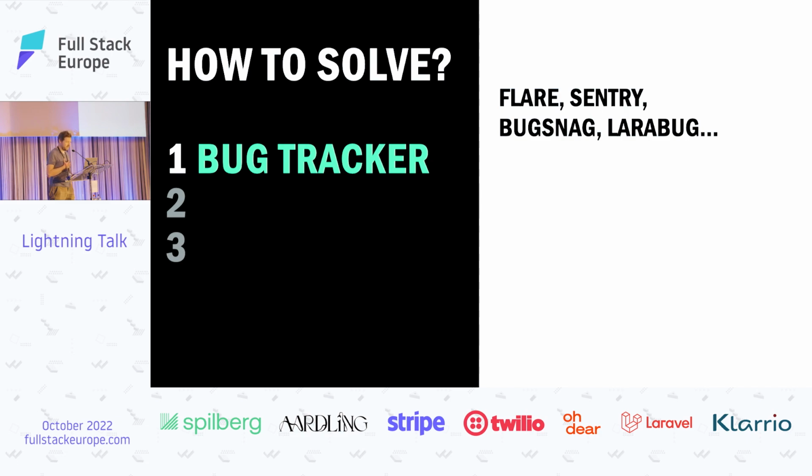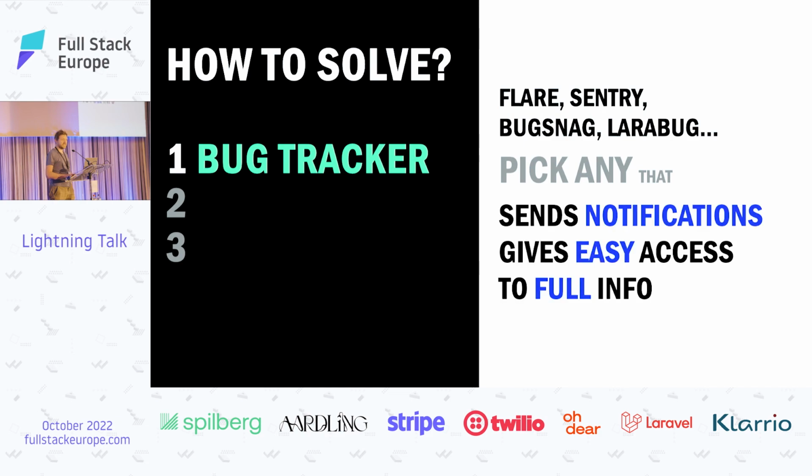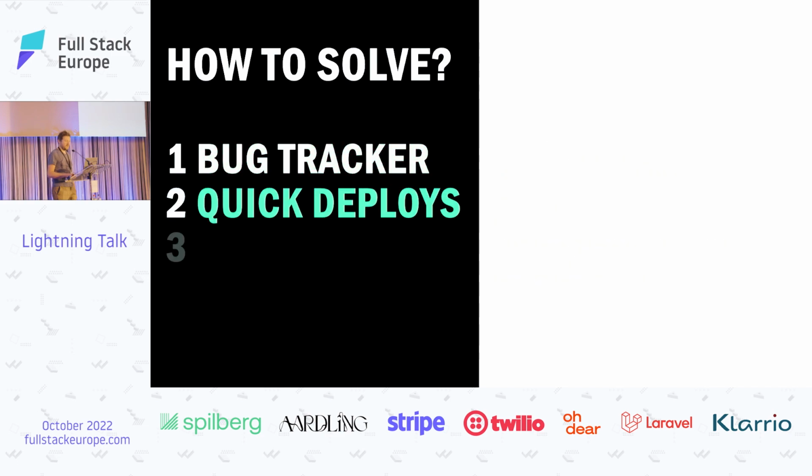I've chosen Flare, of course. But you can pick any that actually sends notifications to you, and it gives you easy access to the full information. What was in the request, which user was logged in, because then you have everything to fix that problem.